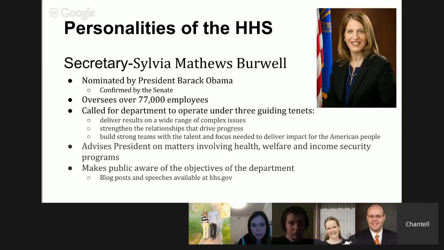Something interesting I found in my reading was that she has asked the department to operate under three guiding tenets: deliver results on a wide range of complex issues, strengthen the relationships that drive progress, and build strong teams with the talent and focus needed to deliver impact for the American people. Her main job is to advise the president on matters involving health, welfare, and income security programs.